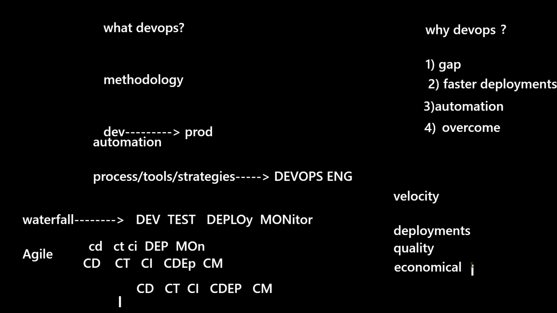So deployments are faster, the quality of the product is improved, and it is economical because it eliminates manpower, and the majority of the tools we are using are open source. That's what companies need, isn't it? Many companies are already implementing this DevOps strategy, and by 2025, almost every company will step into it. Netflix, Amazon, Facebook, all these gigantic companies are already implementing this methodology.